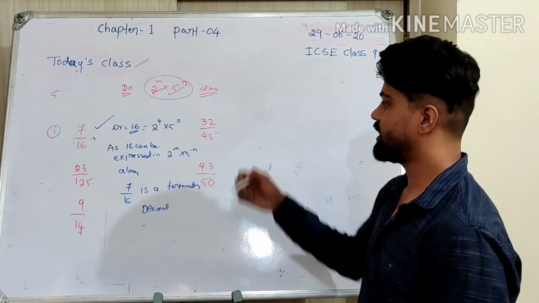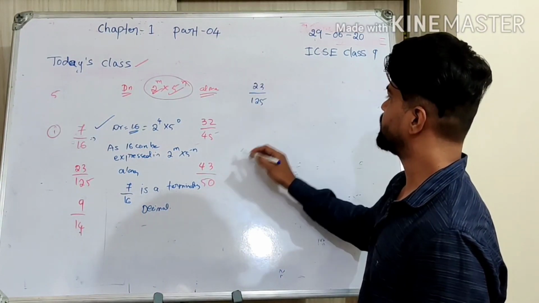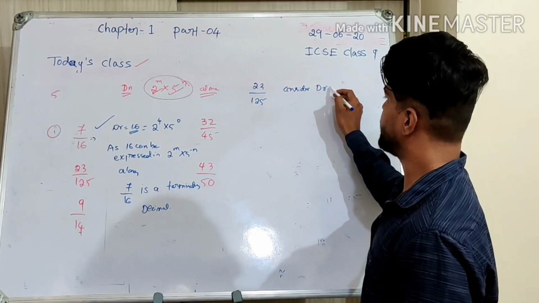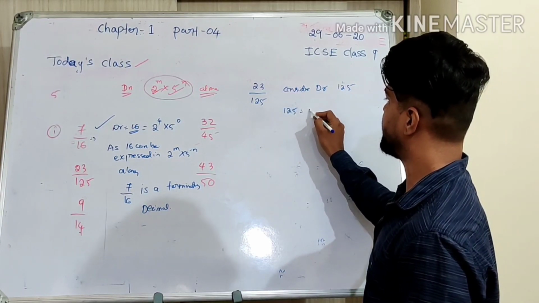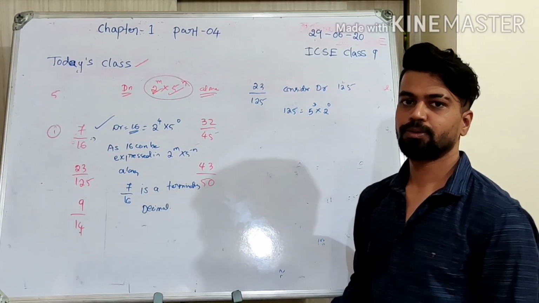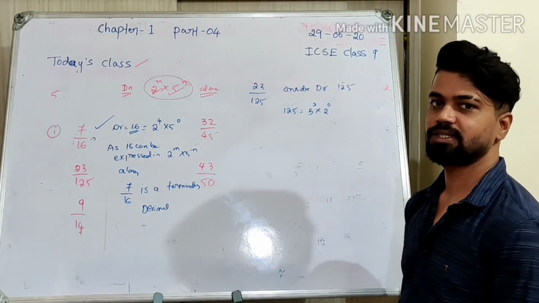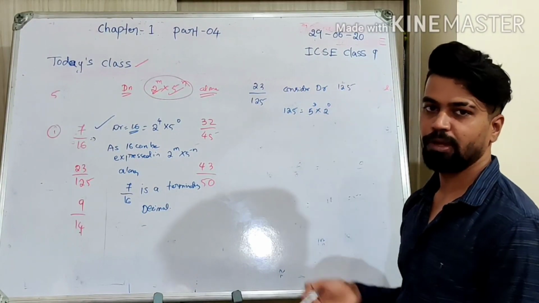Okay, and then 23 by 125. So consider the denominator 125. So 125 can be written as 5 power 3 into 2 power 0. So it's a power of 5. 5 ones are 5, 5 fives are 25, 25 fives are 125. Okay, so it is in the form of again 2 power m into 5 power n.